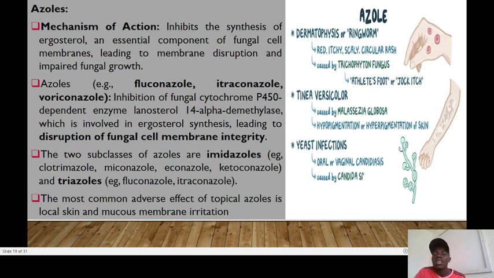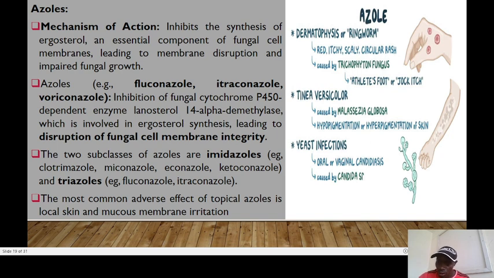So azoles would include fluconazole, itraconazole, voriconazole. They do inhibit the fungal cytochrome P450 dependent enzymes, that is lanosterol 14 alpha demethylase. So this is normally the enzyme that is involved in the formation of ergosterol. So this leads to disruption of the fungal membrane integrity.